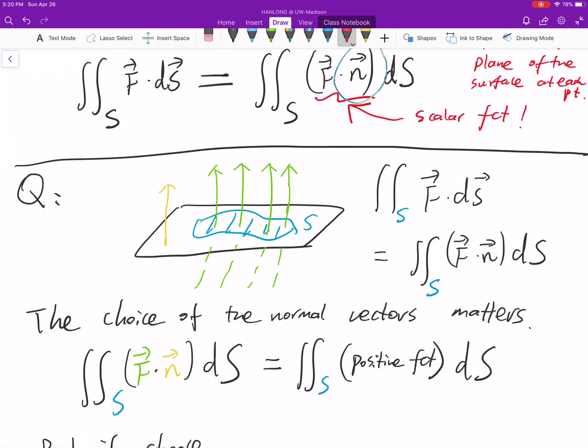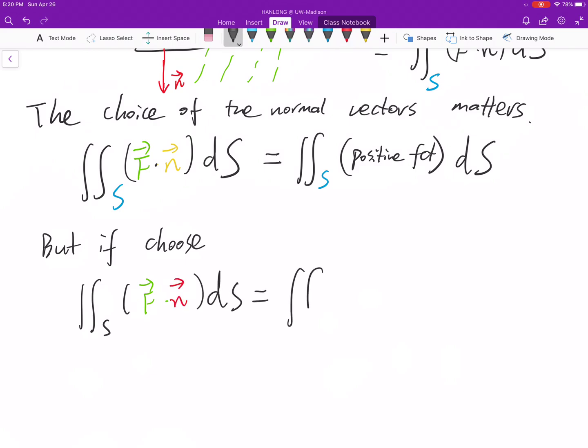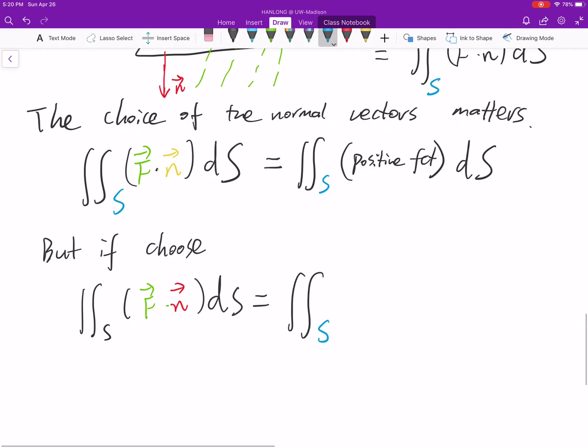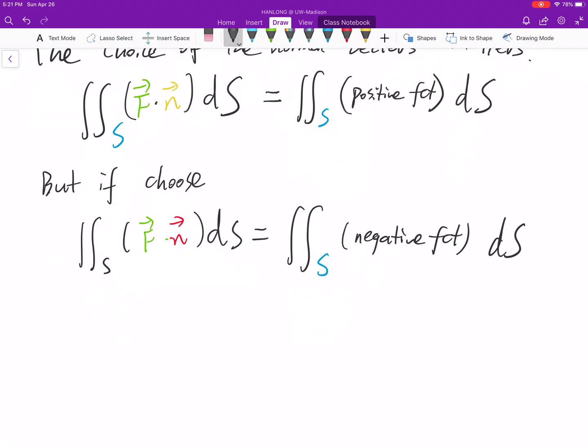But if you choose the opposite direction as your normal vector, then what do you have? You can still use the formula because we didn't say which direction you should choose, right? The integral over S, and then you see you have a negative function inside. Then the problem is they cannot be equal.